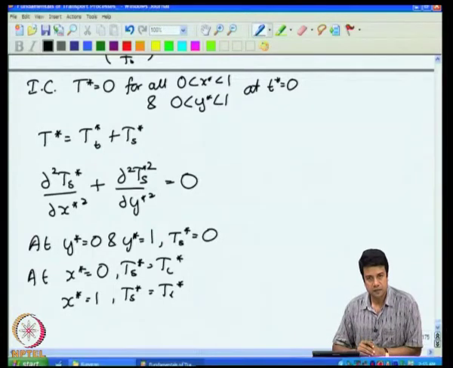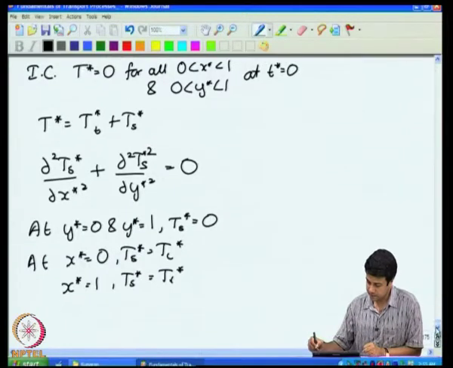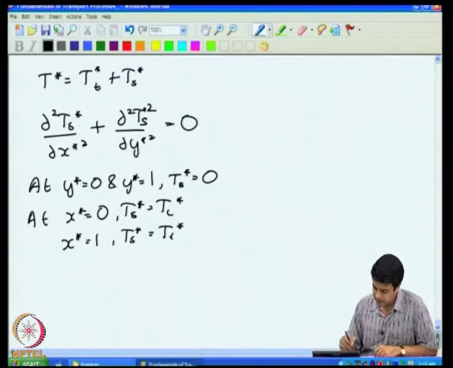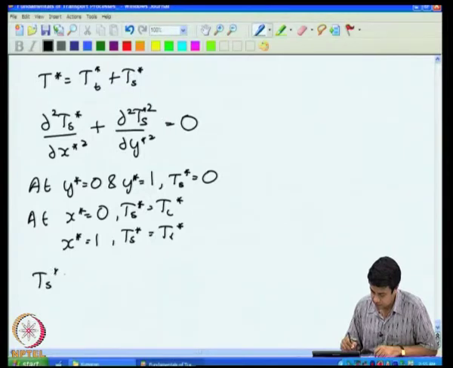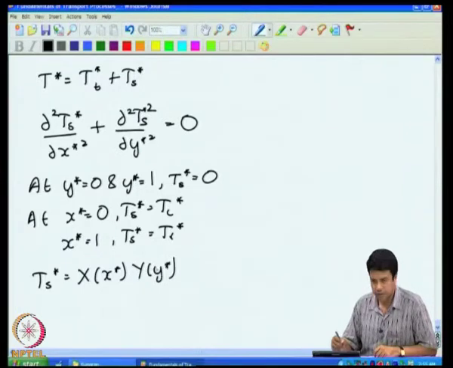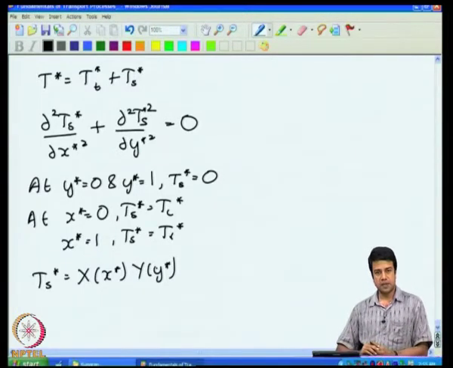How do we solve this? We use the method of separation of variables. I say that T S star is equal to some function of x times some function of y. So, I separate the variables into two parts, one of which is only a function of x, the other is only a function of y.